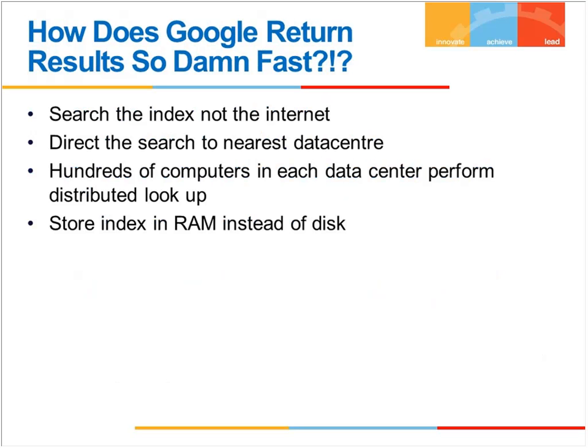In each data center there are hundreds of computers. So when you search for data architecture, it searches in all the computers in the data center in parallel, and each server returns the search results. They're put together, other processing is done, and the result is sent back. Sometimes it also stores the entire index in RAM instead of disk, because disk is pretty slow. So these are some of the techniques that Google uses to improve performance and give it to us in a split second, right?